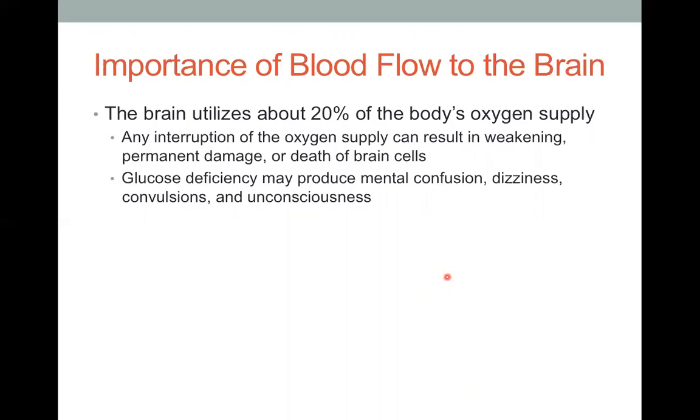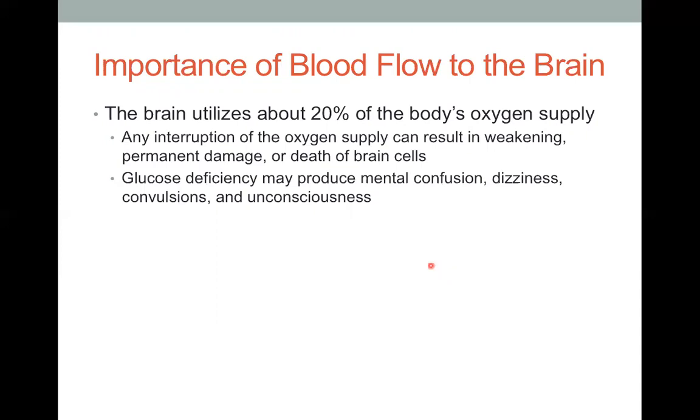Any interruption of the oxygen supply to the brain can result in a weakening, permanent damage, or death of brain cells. If we interrupt the blood supply from the mother to a child during childbirth before it can actually breathe, then this may result in paralysis, mental retardation, epilepsy, or death.